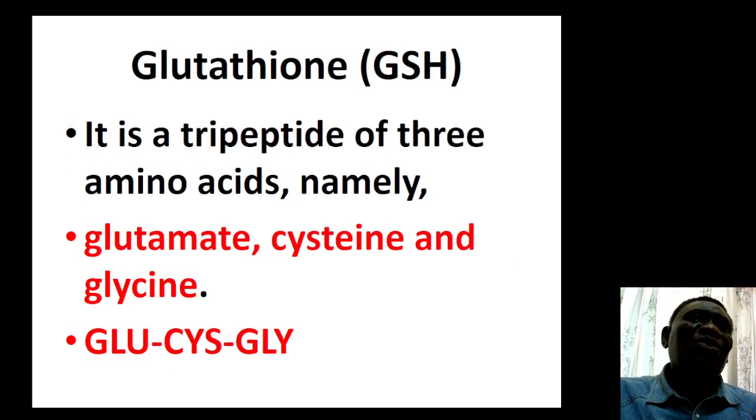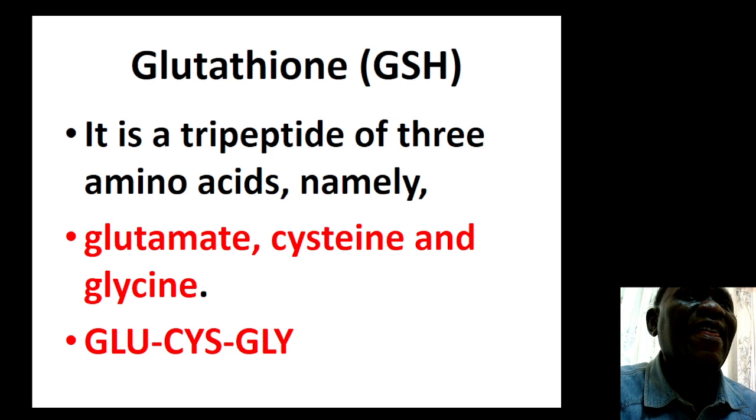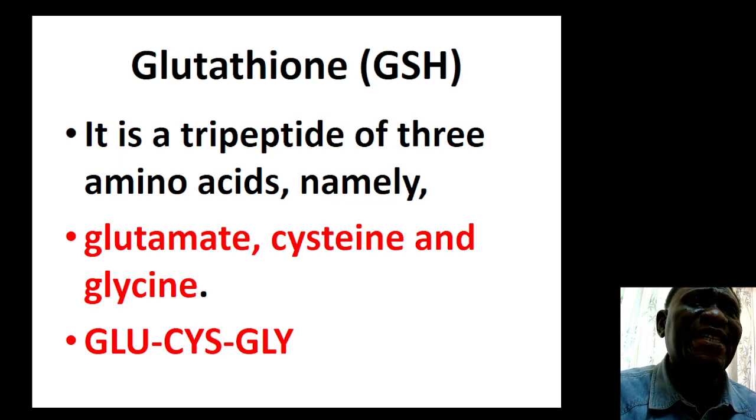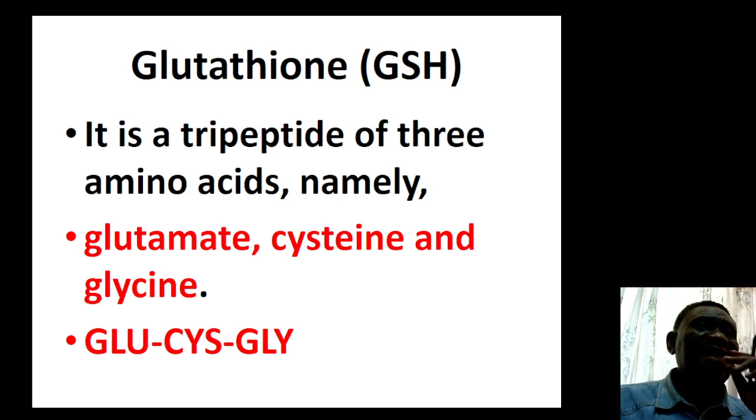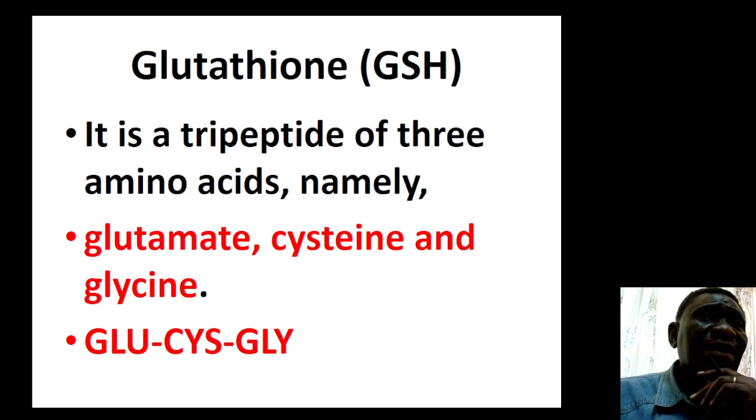Right, so glutathione, GSH, is a tripeptide composed of 3 amino acids, glutamate, cysteine, and glycine, or we can represent it using that short formula.